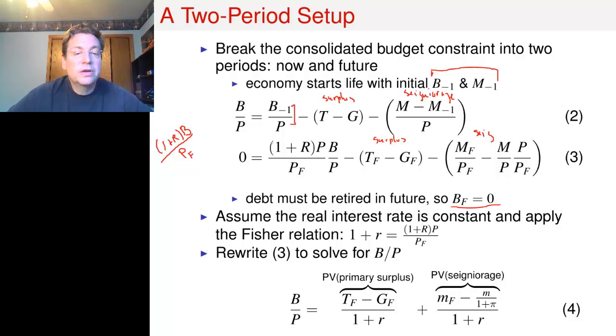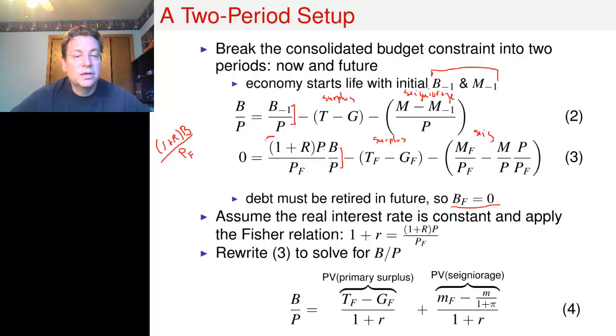And what I've done here is I've just multiplied by P over P for two reasons. One is you see the B over P that comes from this, what's left over basically that has to be financed in the first period. You can see it shows up in the second period. This actually is what links policy today to policy in the future, is the debt that the government carries over.